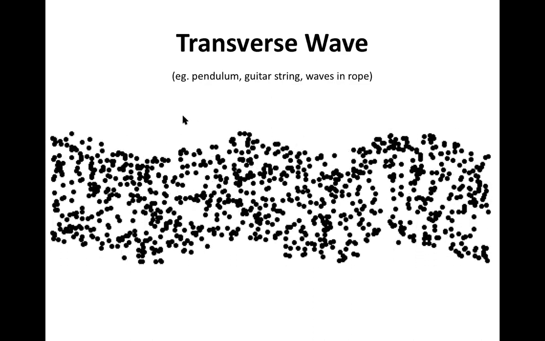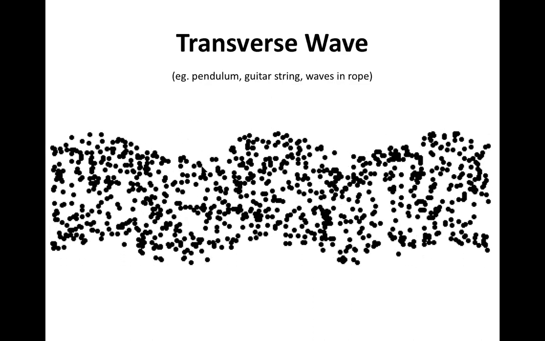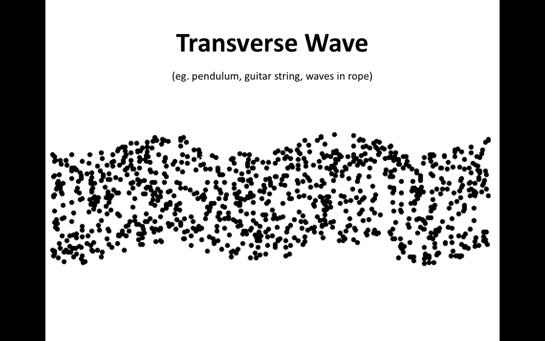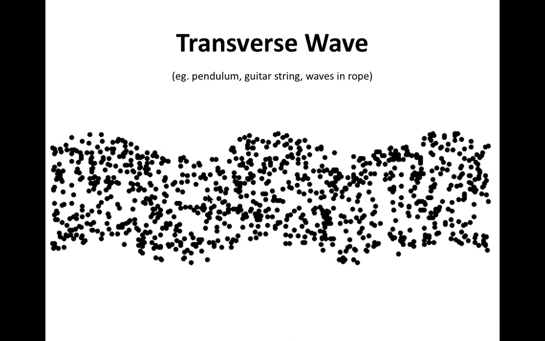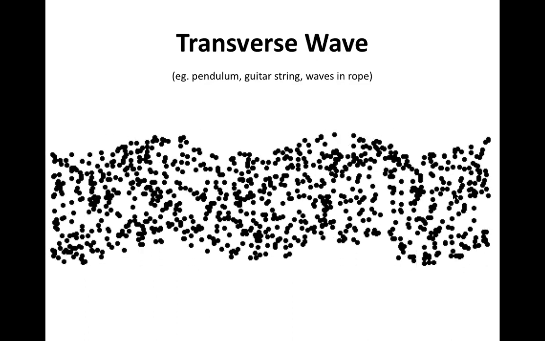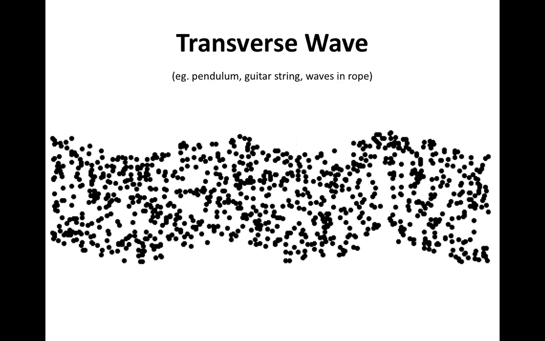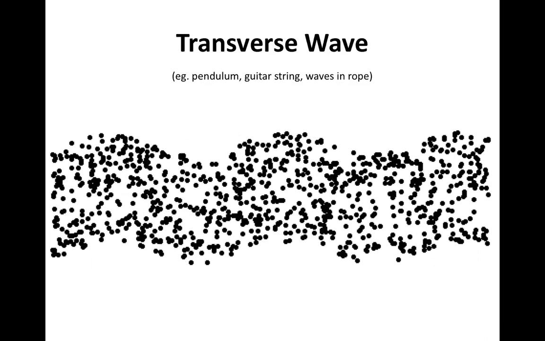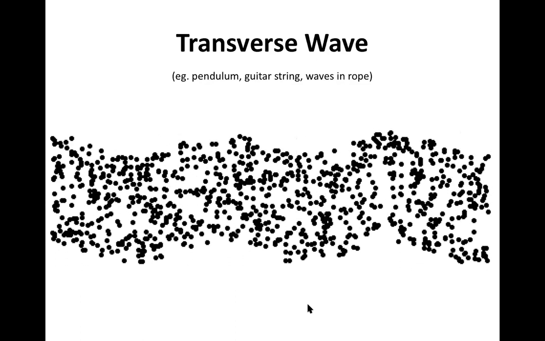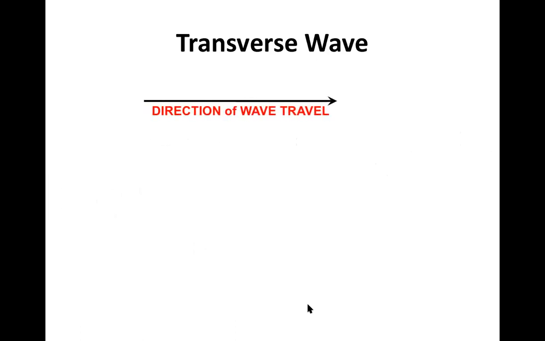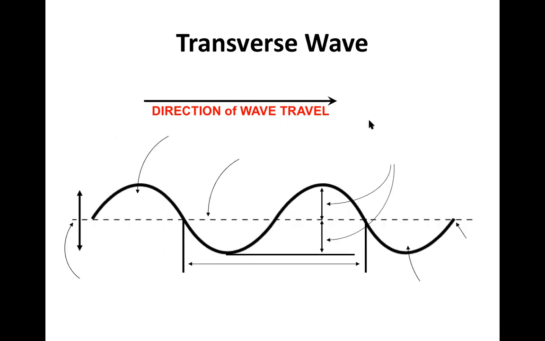Just like when we turned off the lights on the Gizmo, you can see that the objects are just moving up and down, and it's the timing of that up and down that makes it look like the objects are moving to the right, but the objects are actually not moving horizontally. It is the kinetic energy that is transferred along to the right. So we say the direction of wave travel, so it appears that the objects are moving that way, but we know it's just the energy that is being transferred that way.